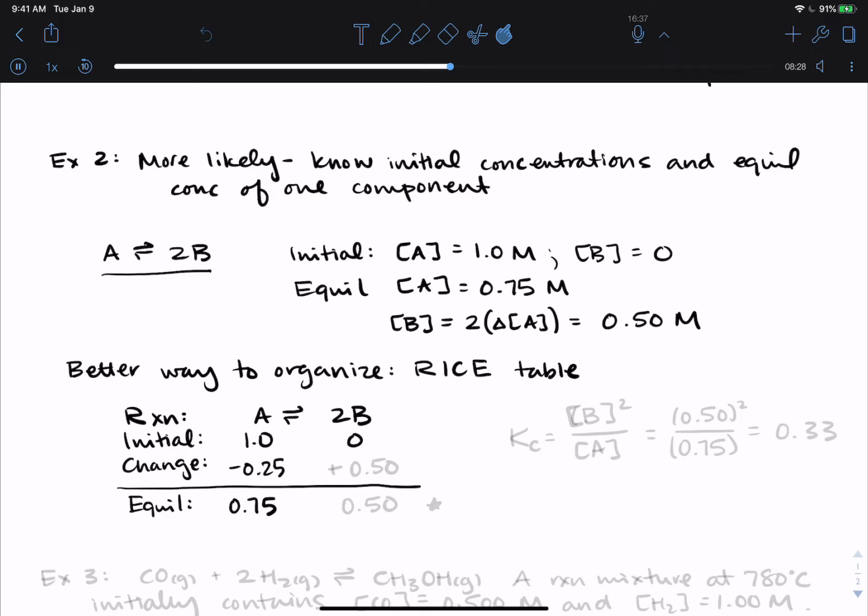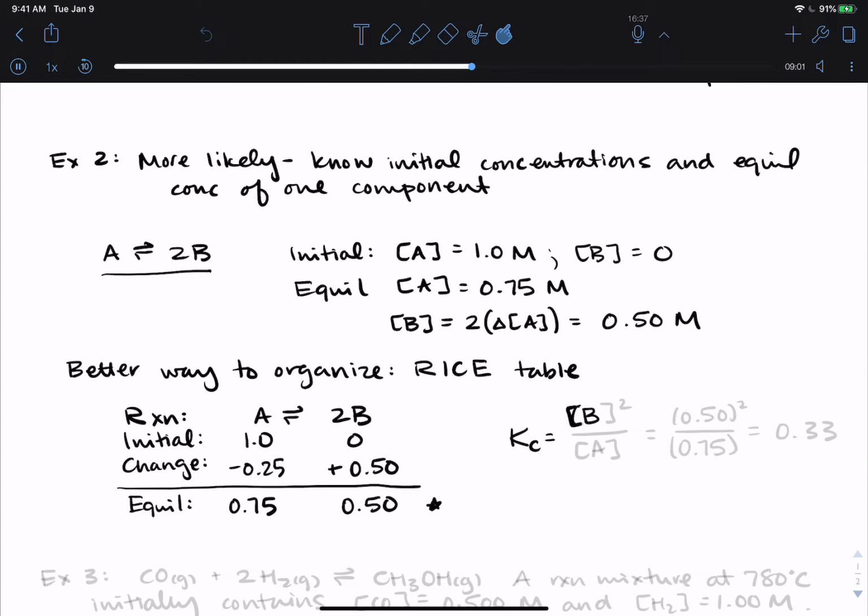And this is, if I use up 1 mole, which is 0.25 of A, I make 2. So I'm going to add 0.5 of B. And if I started with 0 and I added 0.5, in the end, I have 0.5 molar of B. I have everything I need at equilibrium, so I can calculate an equilibrium constant value.